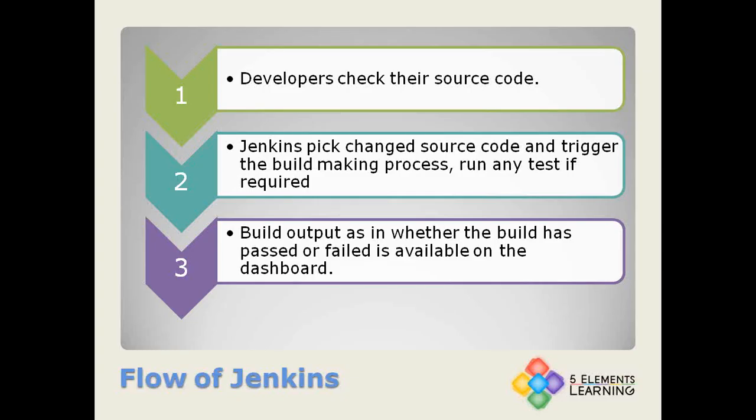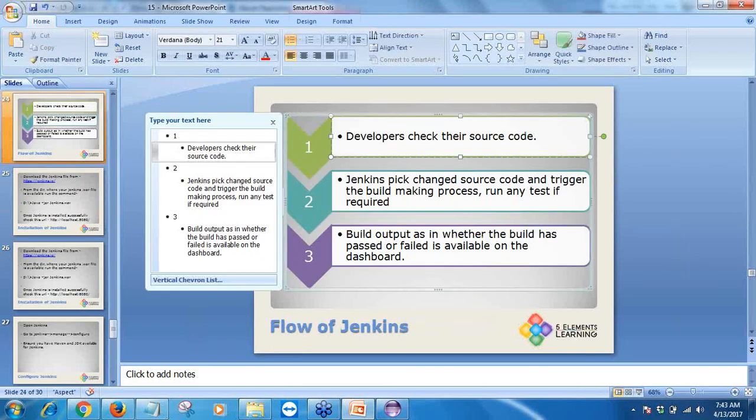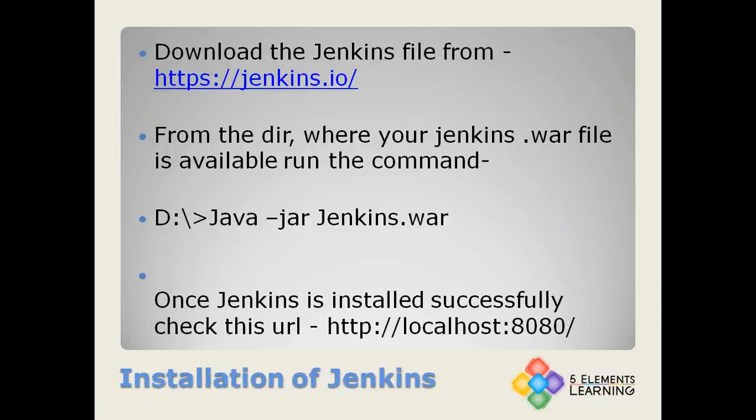The workflow of Jenkins is: developers check in their source code, Jenkins will pick up the changed source code and trigger the build making process and run any tests if required. The build output, as in whether the build has passed or failed, is available on the dashboard.